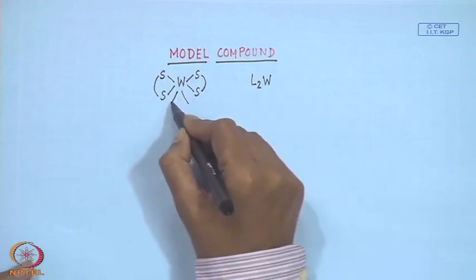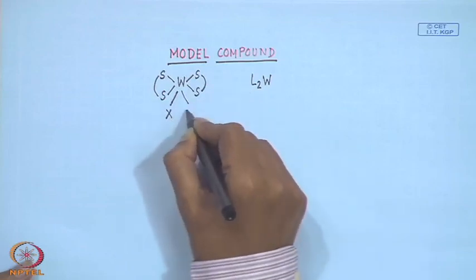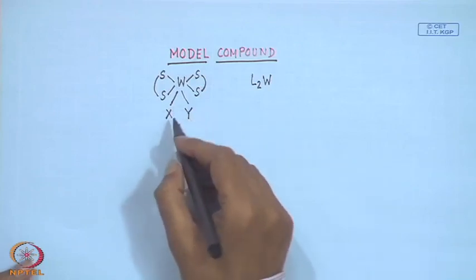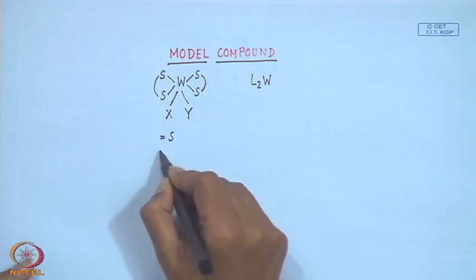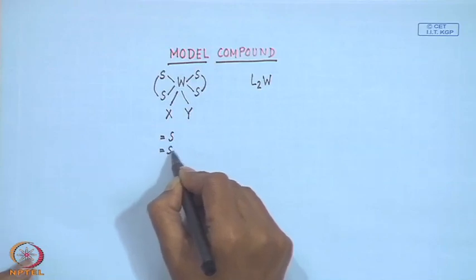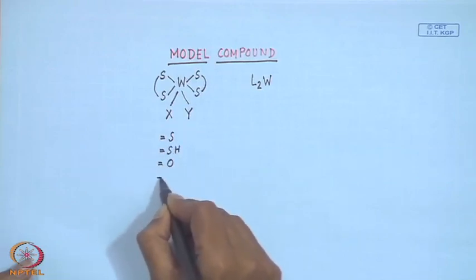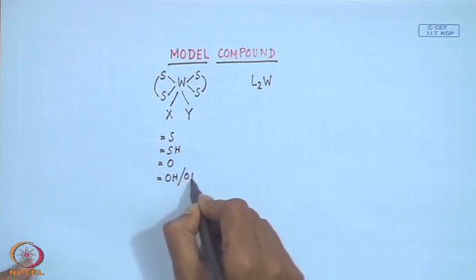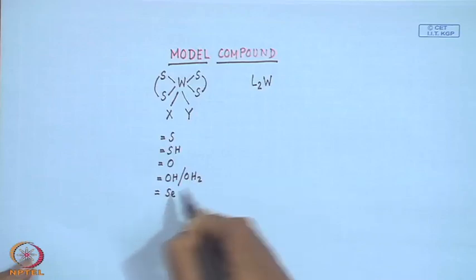go for the different reactions for the generation of these X and Y. The availability of these X and Y can vary from the different units, like they can be sulfur, SH, oxygen, OH or OH2, or can also be some selenium site.